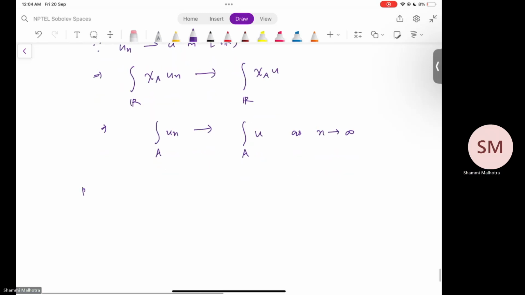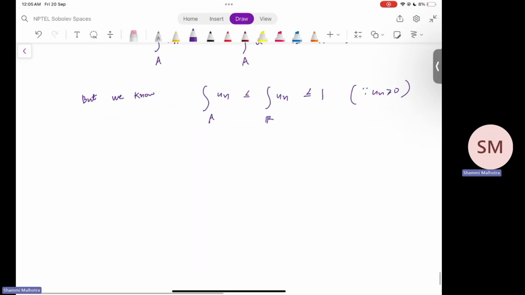But we know the integration over A of u_n, since these u_n are in K, so they are non-negative, has to be less than or equal to the integration of u_n over the whole of R, and that is less than or equal to 1.